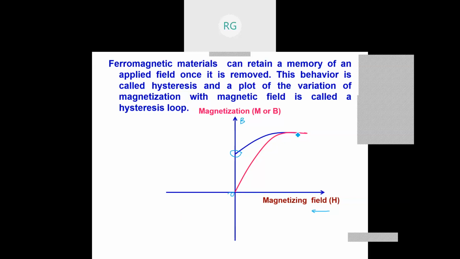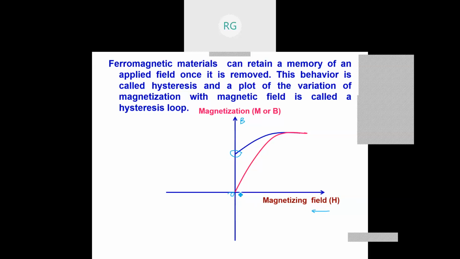When I am demagnetizing it, it is not following the same path. Not only that, the magnetization or magnetic field strength in the sample is not zero, even though the applied field is zero.